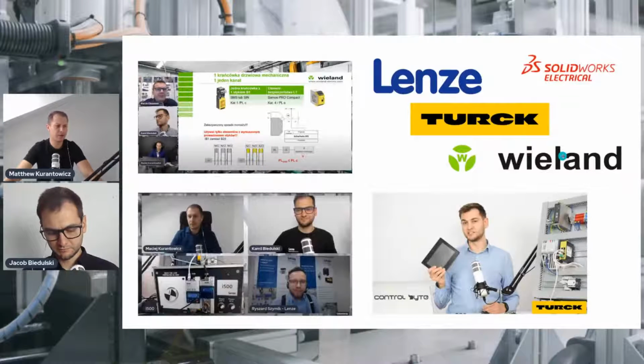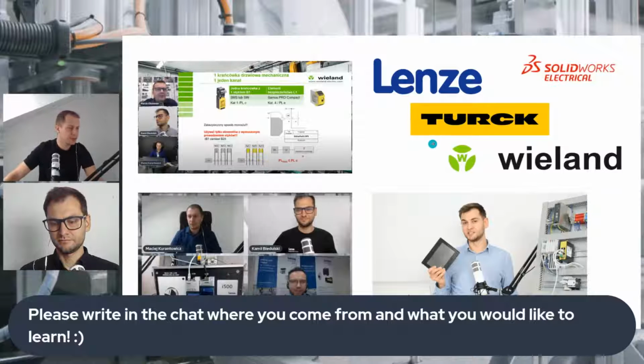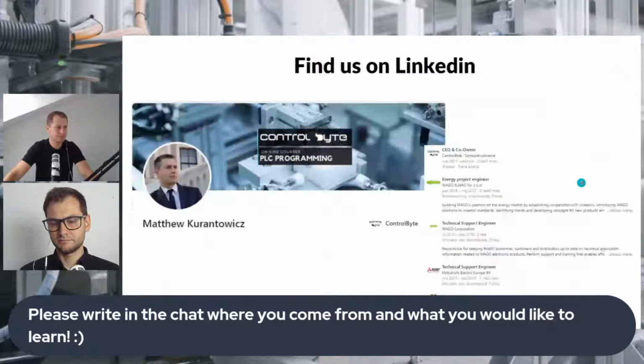We collaborate with manufacturers such as Lenze, Turck, Wieland Electric, and many more. We use hardware from these companies. For example, Lenze is a manufacturer of servo drives, Turck has sensors and different devices, and Wieland is a company which has safety system devices.